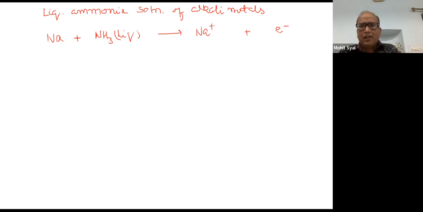In the same way, here you are not having water, but NH3 molecules. So this Na plus will be surrounded by some X number of ammonia molecules, and this electron will also not remain alone.